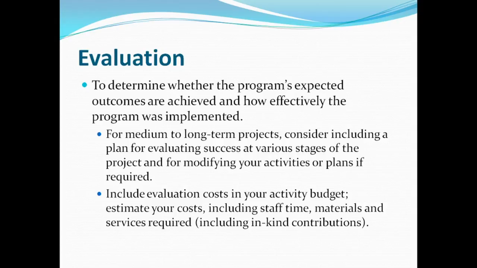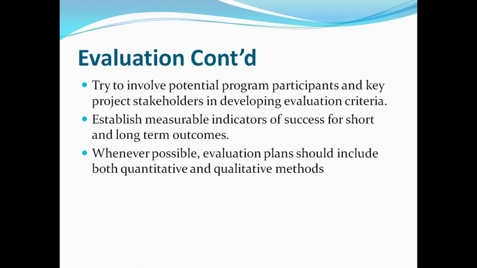Now include evaluation cost in your activity budget. So when you make the budget, the evaluation cost should also go there, and estimate your cost including the staff involved, the material, the services required, all those kind of contributions should also be mentioned in the budget. Now, you'd also need to involve the potential program participants and key project stakeholders in developing the evaluation criteria.